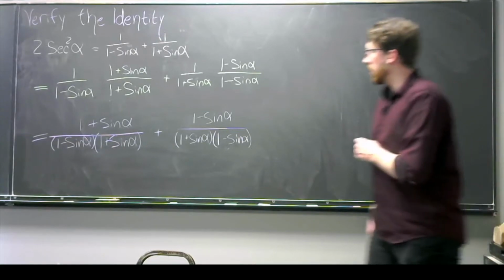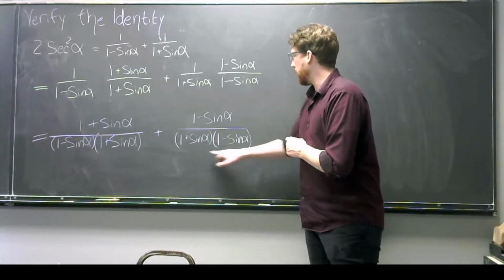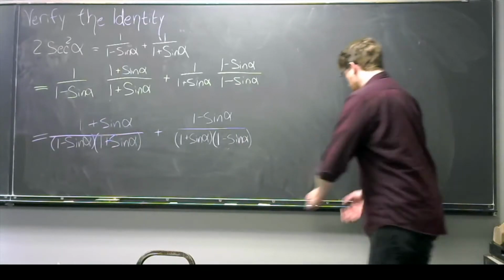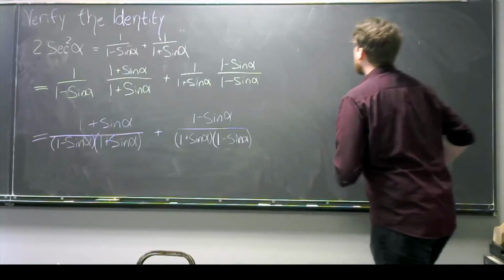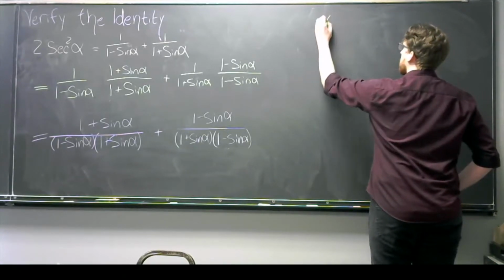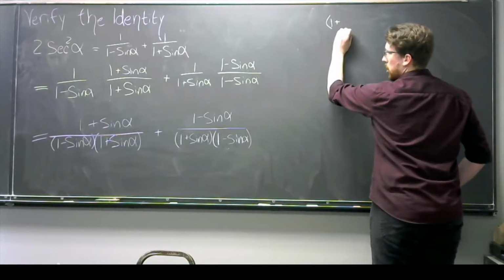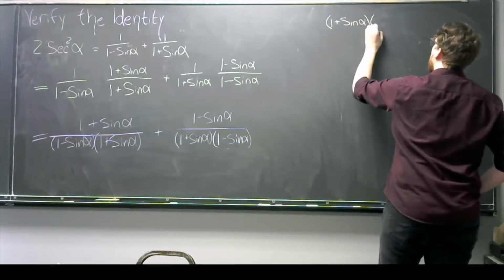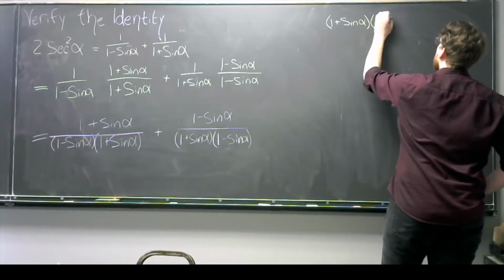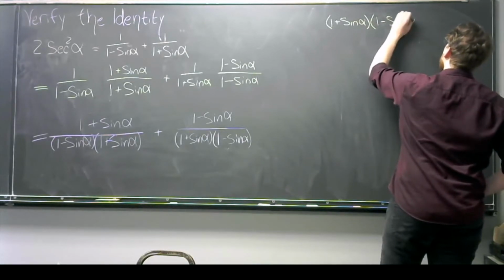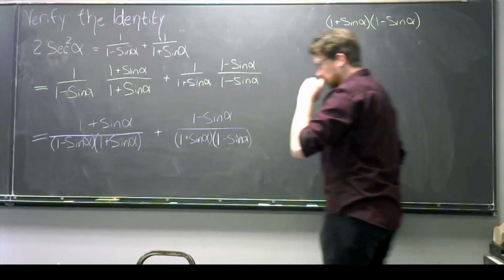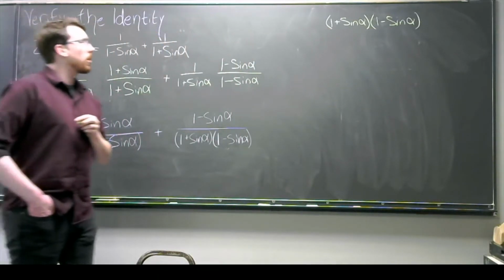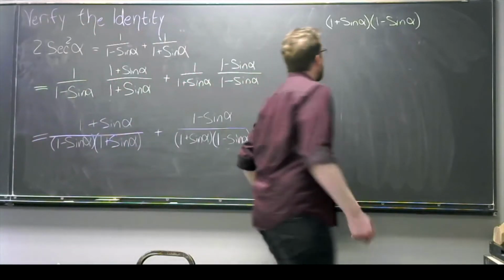Now at this point, it might be a good idea to go ahead and try to reduce these denominators a little bit. So let's work them out. We've got 1 plus sine alpha, the quantity, times 1 minus sine alpha, the quantity. So we can FOIL this out.